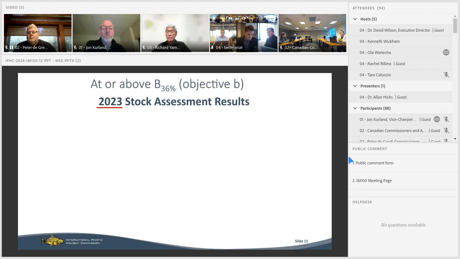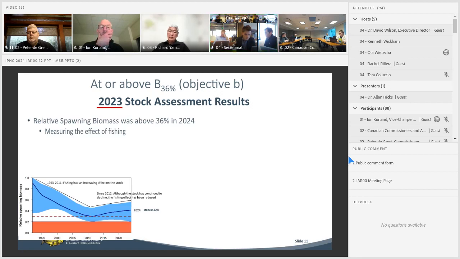The second objective we considered was this at or above B36%. This was objective B. I want to give a little bit of background on this before we go into the objective too much. So I'm going to back up a year from now and look at the 2023 stock assessment results, not what Dr. Stewart presented today, but what Dr. Stewart presented about a year ago.